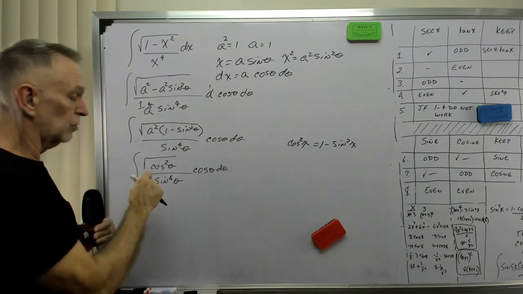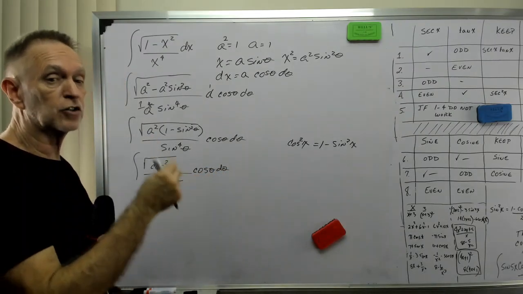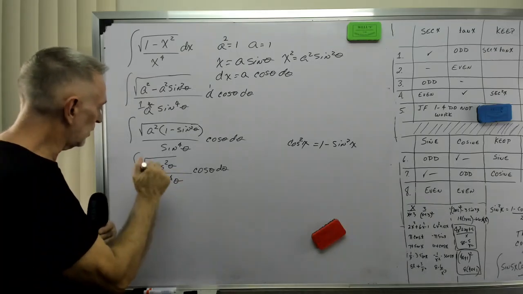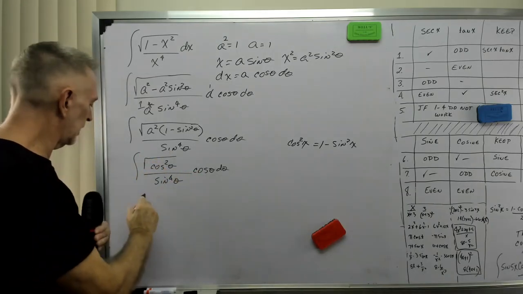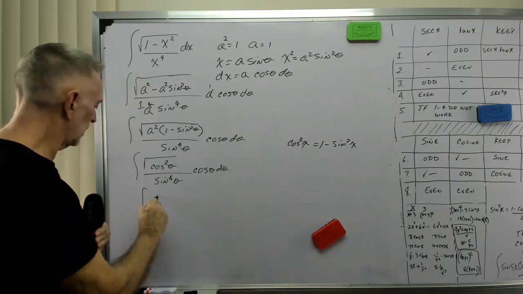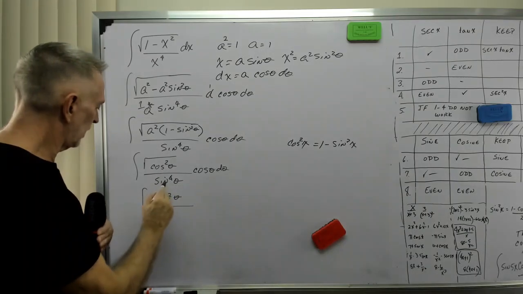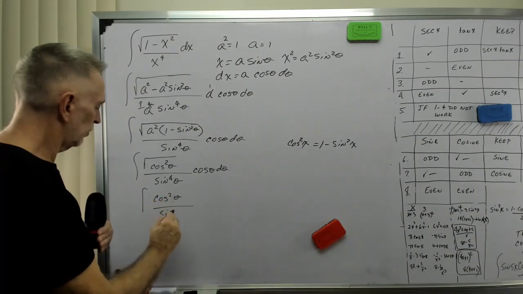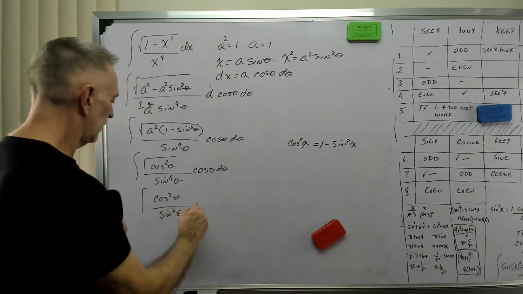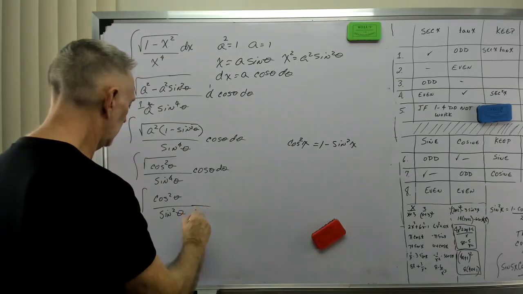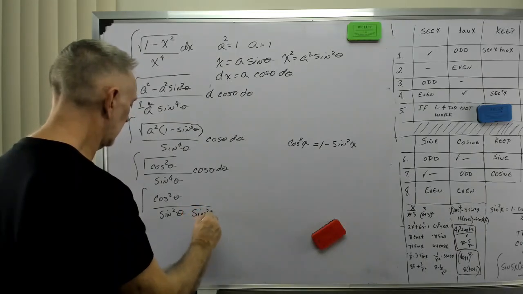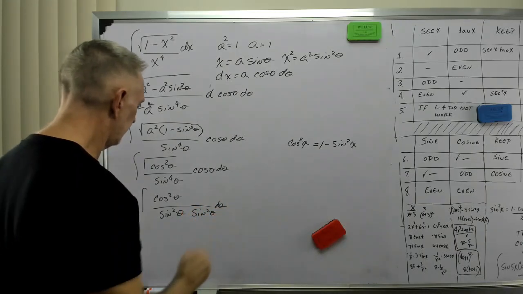Well, the square root of cosine squared is cosine. That cosine times this cosine does give me a cosine squared over, I'm going to break this sine to the 4th into sine squared times sine squared theta d theta.